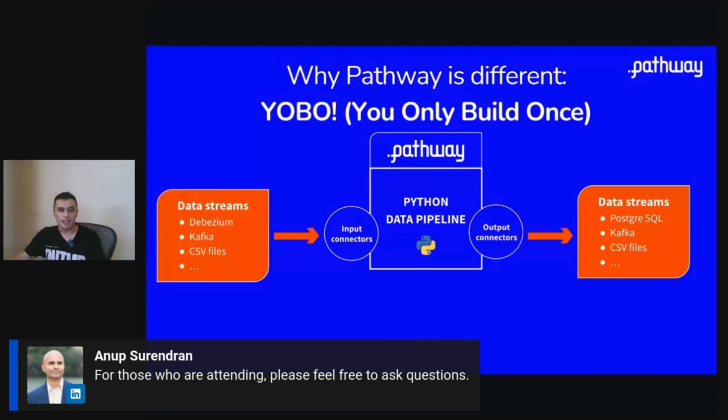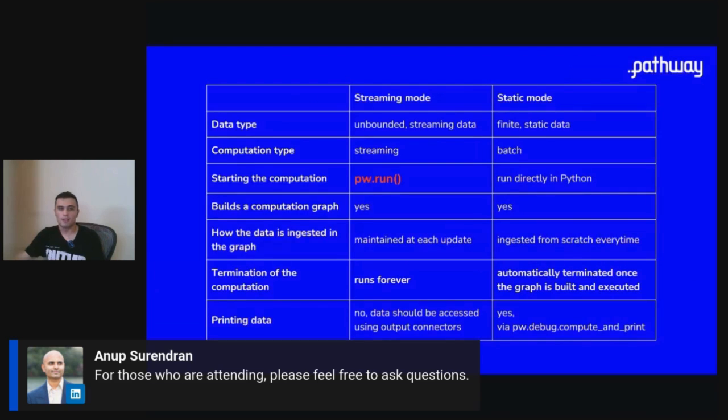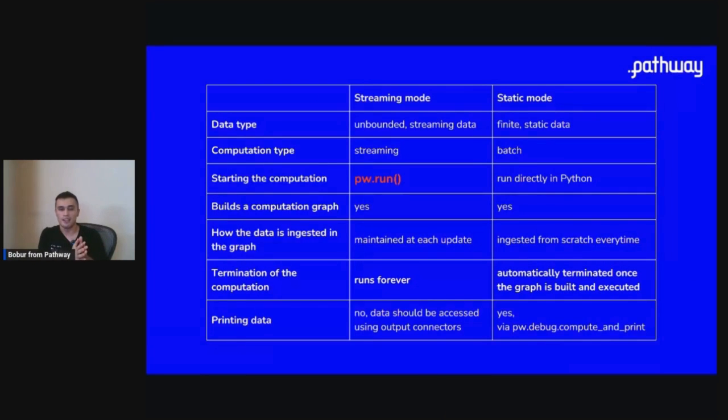So in the next slide, I'm going to show you examples of how you can run your code in streaming mode or static mode, because Pathway is, of course, designed to work with streaming data. However, sometimes you need static mode to be more convenient to test or debug your application.